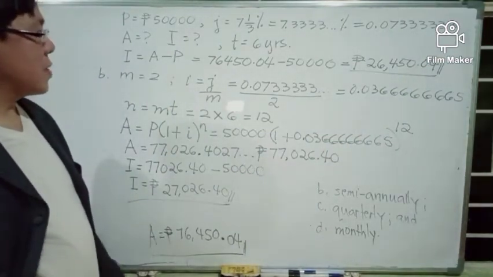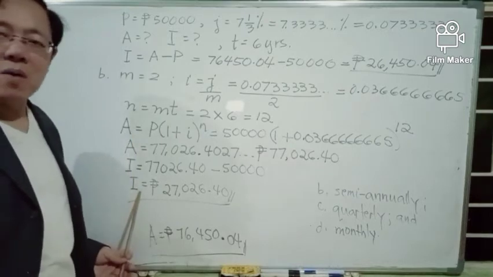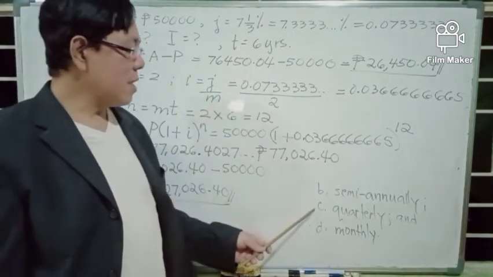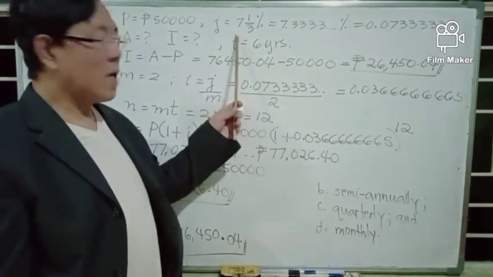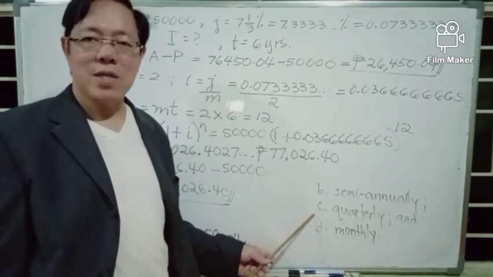Now we compute the accumulated value and the compound interest at 7 and 1/3%, but in letter C, 7 and 1/3% is now compounded quarterly.